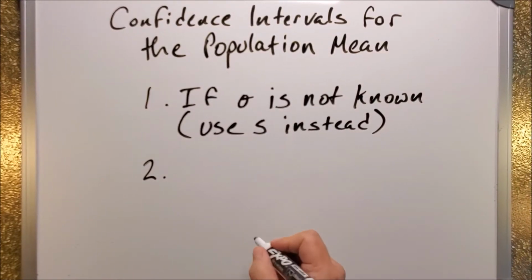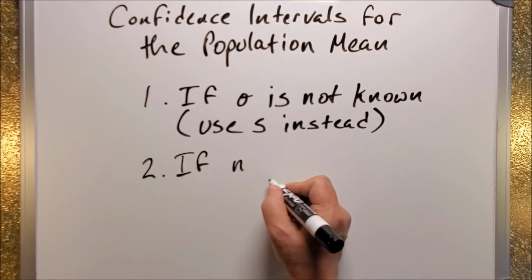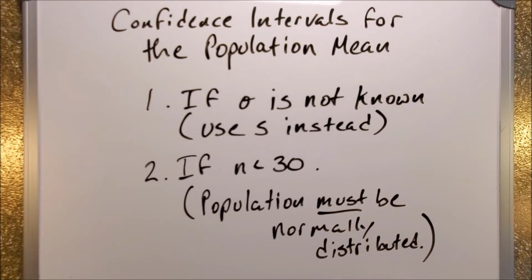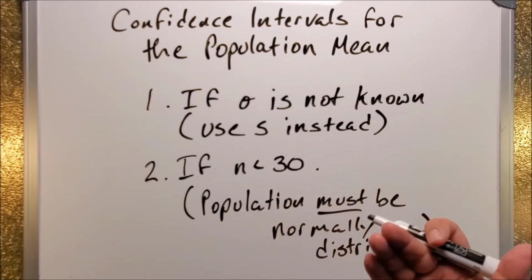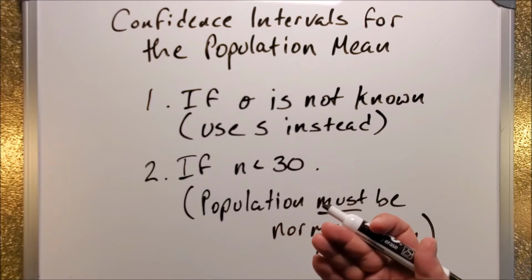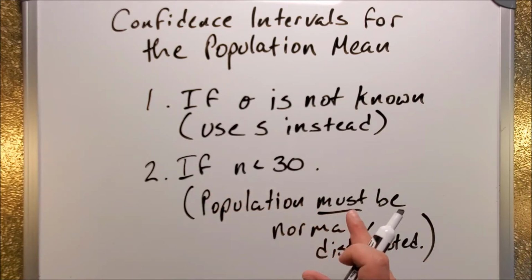Here's the second circumstance. If our sample size is less than 30, then we can also proceed under those circumstances too. But when your sample size is less than 30, it's a little bit too small to use the normal distribution table. In fact, you can't. So we use the t-table under those circumstances too.